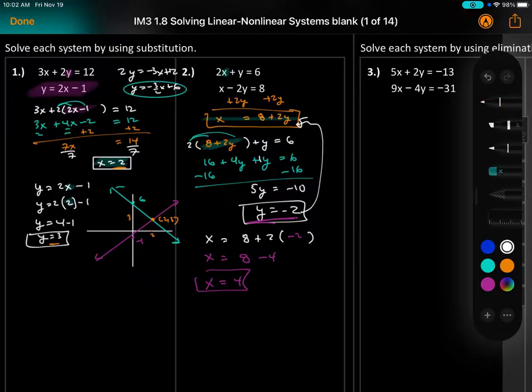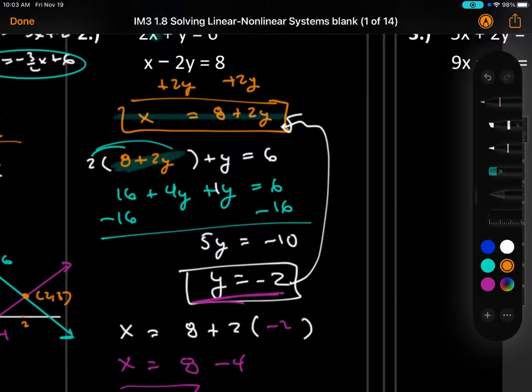So if I just draw myself a quick sketch, I'm just trying to show you guys a visual of what we're doing here. We have two linear equations. They're in standard form. If you change them into slope-intercept form, super easy to graph. If I subtract 8 and then divide by 2, I'll get 1/2 x minus 4.